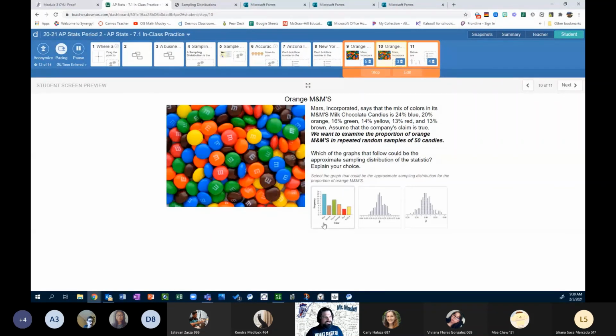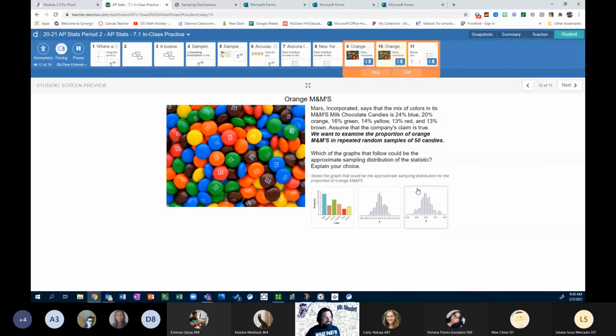It doesn't tell us the proportion of any single color, just the frequency. So in this sample, we had 18 blue, 8 brown, not 14 green, 10 orange. So it's just the results of a single sample.